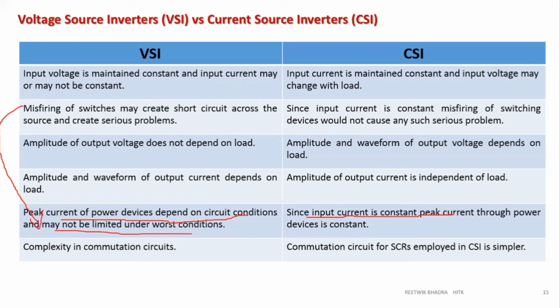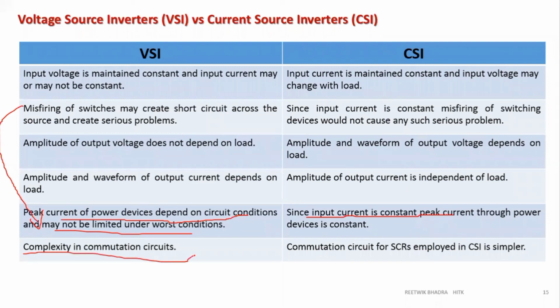So if I am taking a 5 ampere thyristor and the input current is 5 ampere, then it is not a problem. Obviously, you can't use a 3 ampere thyristor in a 5 ampere circuit, so that is not feasible. But if my current is 5 ampere and I take a 5 ampere thyristor, then it is okay. There is no problem because short circuit will not occur and current will not increase.